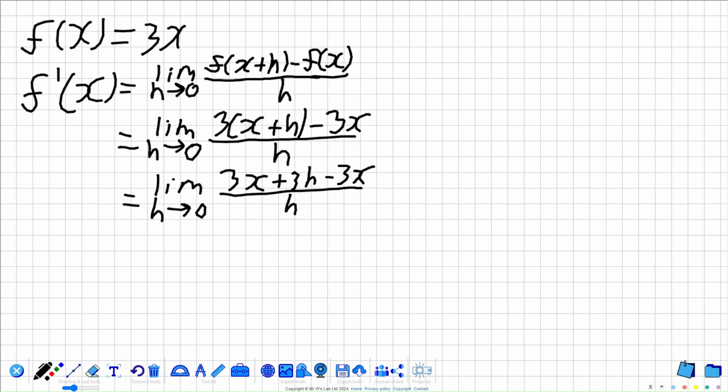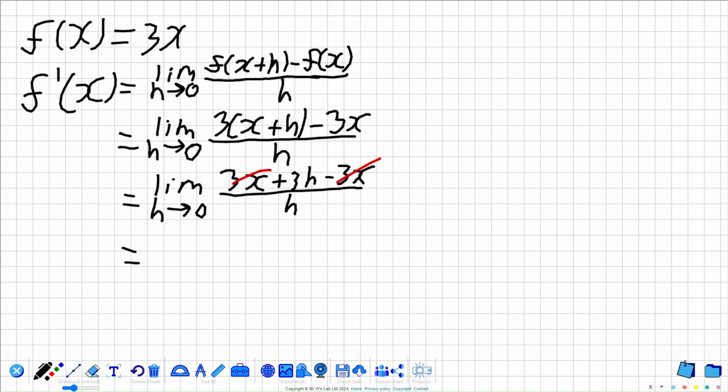And what you'll notice in hopefully all of the functions where you have to find the derivative using first principle is that any values in the equation that don't include h should cancel out. So we can see that 3x, we've got minus 3x as well. And so pretty simply, we can just look at this and go, oh, cool, we can cancel these two values. And that makes it really simple for us.